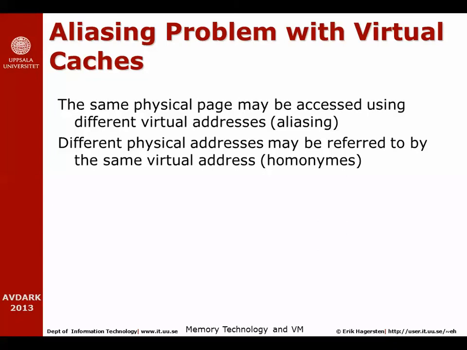For example, you could imagine 2 processes that each internally use different virtual addresses, and those virtual addresses have been set up to point to the same physical page. It's also okay for one process to have several different virtual addresses pointing to the very same place. This is called the aliasing problem. We can have lots of different virtual names for the same physical place in memory.